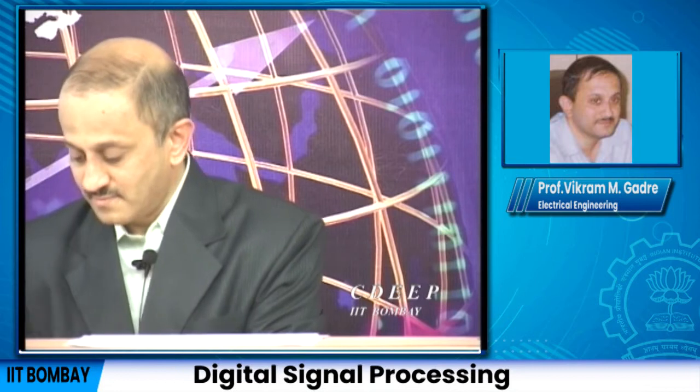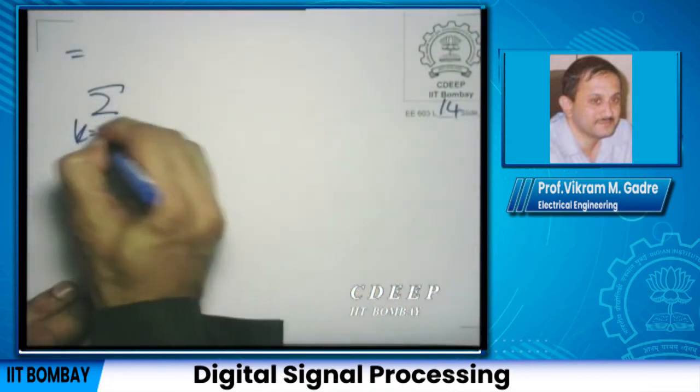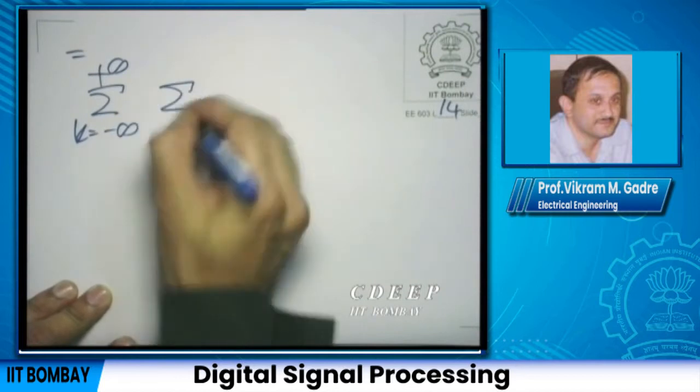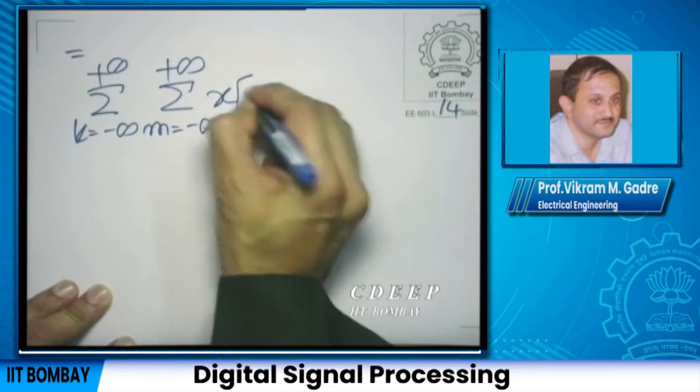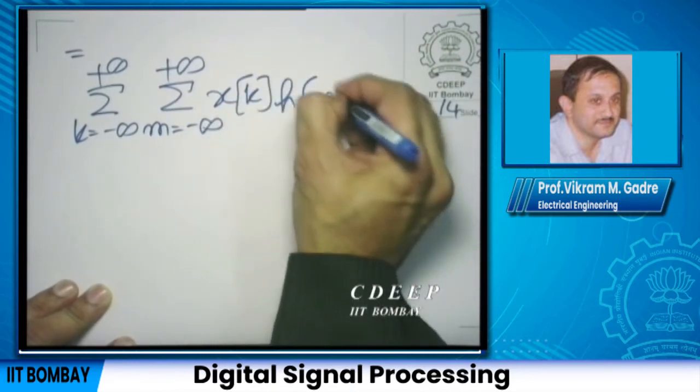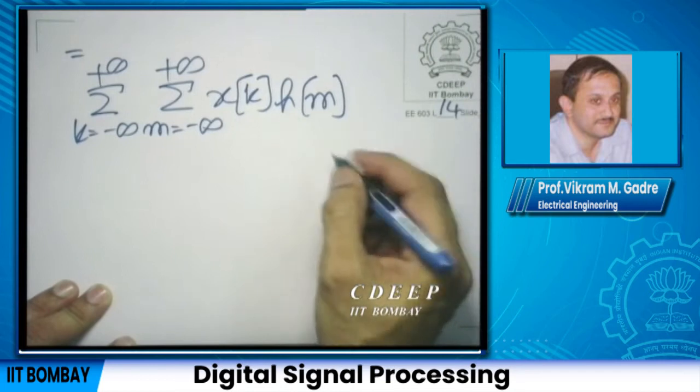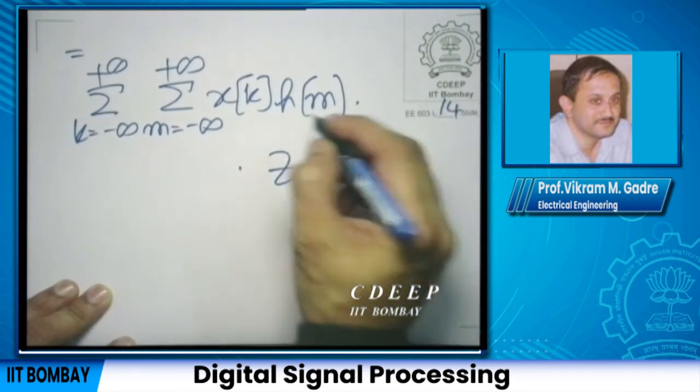Now, if n and k independently run over all the integers, then for a fixed k, m would also run over all the integers independent of k, right. And therefore, we could rewrite this summation here as summation k over all the integers, summation m over all the integers, and we have x[k] h[m], and n is of course k plus m.